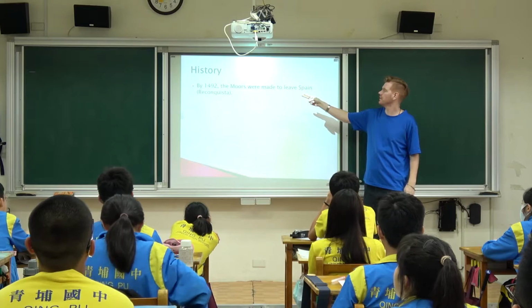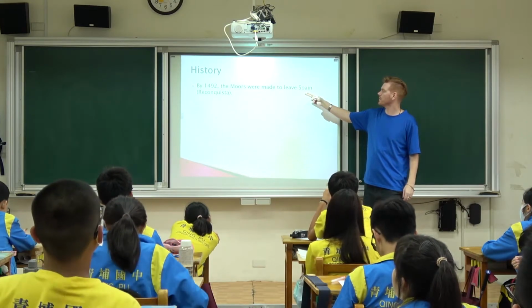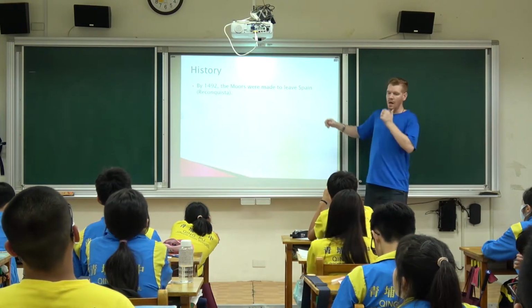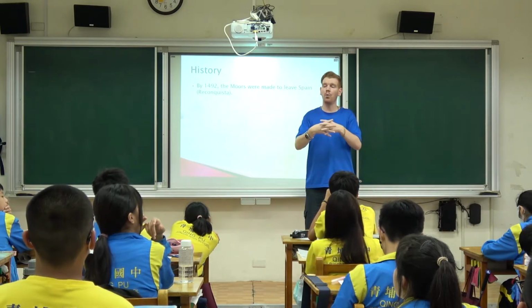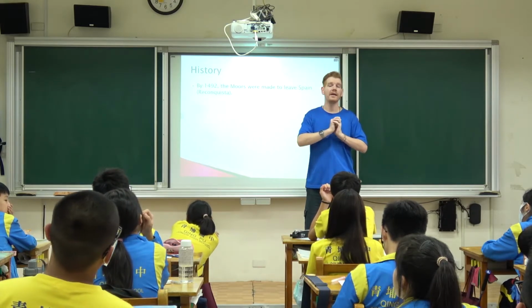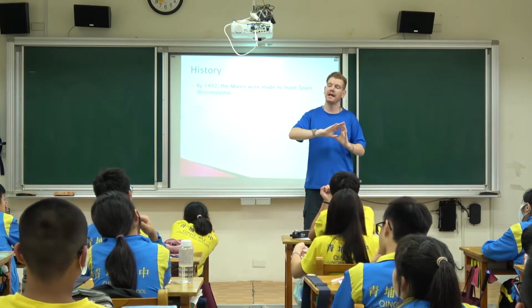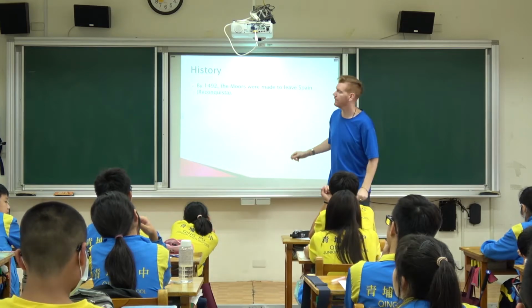By 1492, the wars were meant to leave Spain. So the two groups are one, and then they attacked the Moors and made them leave.